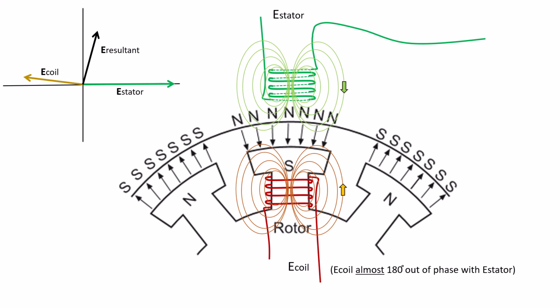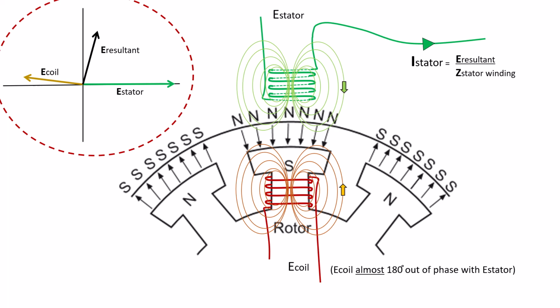The resulting voltage, or E resultant, is what would be used to calculate the stator current. So I of the stator is equal to E resultant voltage divided by the Z of the stator winding, whatever that happens to be. Let's take a look at this in more detail.